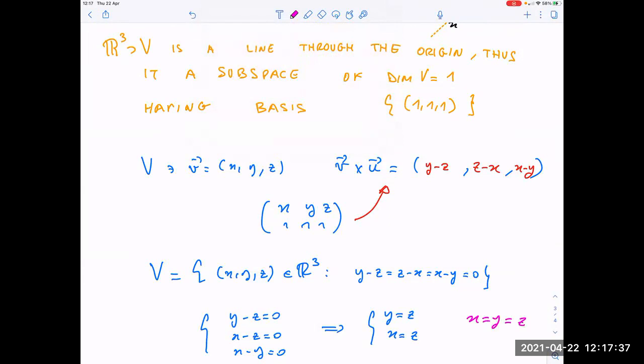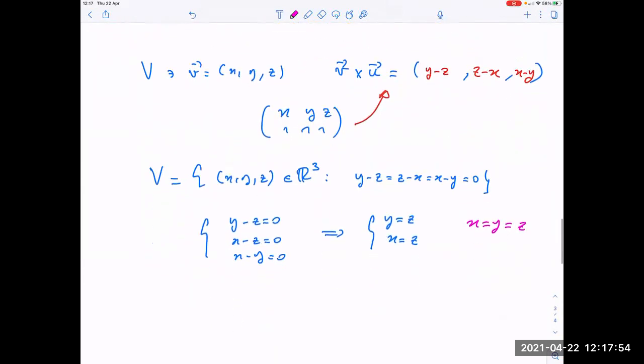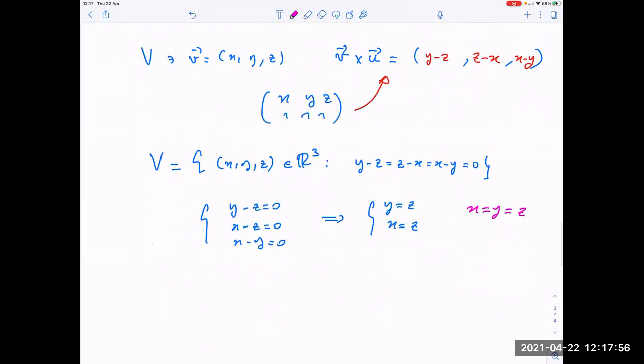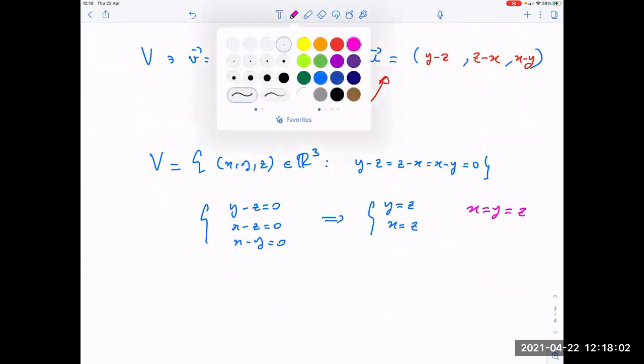So you see that V, if you don't realize it is a line, and that's a pity if you don't, because you should develop some geometric intuition from this class, but suppose you don't, then you can, however, see it is a solution space of a linear system of equations. So it is a subspace, and it is also a kernel.